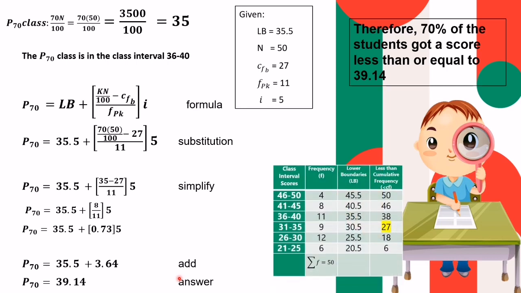So let's see if it's really correct, if this 39.14 really belongs to the fourth row here. It belongs here because the class interval score here is 36 to 40. So the 39.14 really belongs here. Okay, so any questions?